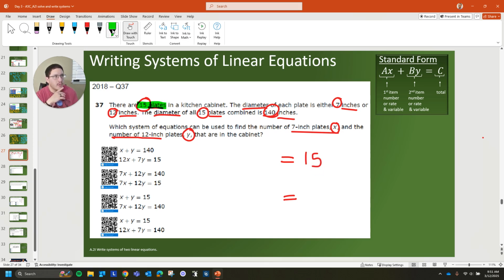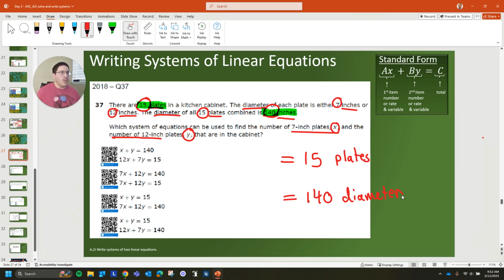We know another one of our totals is 140 inches. So that's going to go on one side of the equal sign as well. So one talks about plates, and then the other talks about diameter. We need to create equations that associate with plates and diameter.